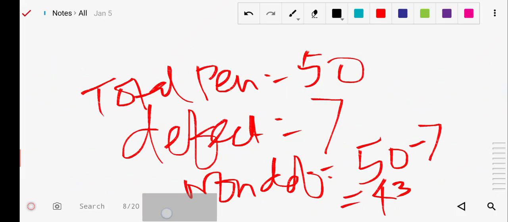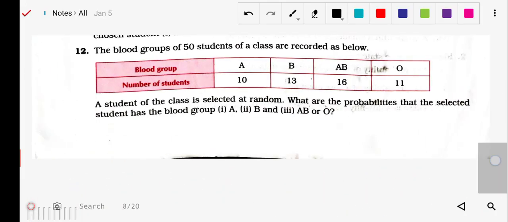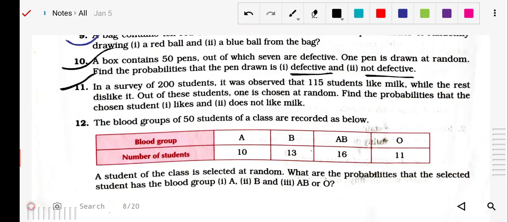Now we'll see the next question. Next question number 11. As you can see, in a survey of 200 students, it was observed that 115 students like milk, while the rest dislike it. Out of these students, one is chosen at random. Find the probabilities that the chosen student likes and doesn't like.